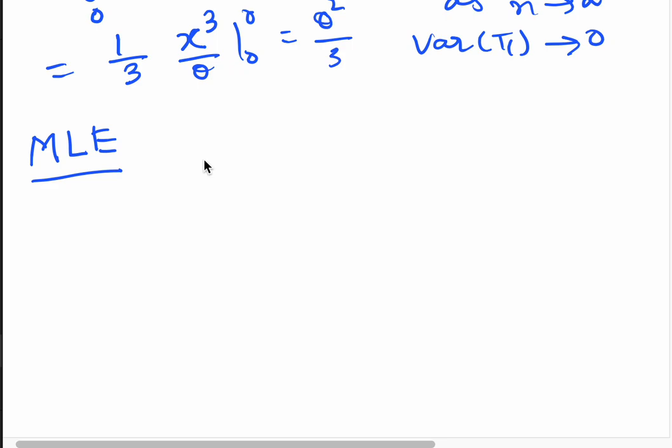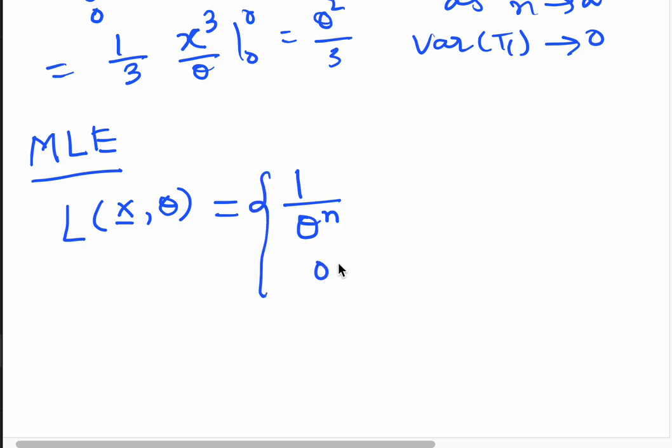To do maximum likelihood estimation, we have to know the likelihood function, that is the joint distribution. So this is the likelihood of theta, and the joint distribution is simply 1 by theta to the n when 0 less than xi less than theta, otherwise 0.